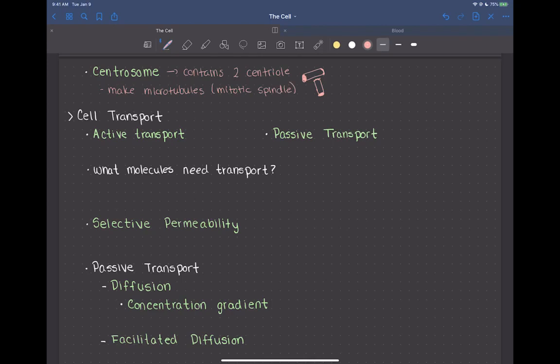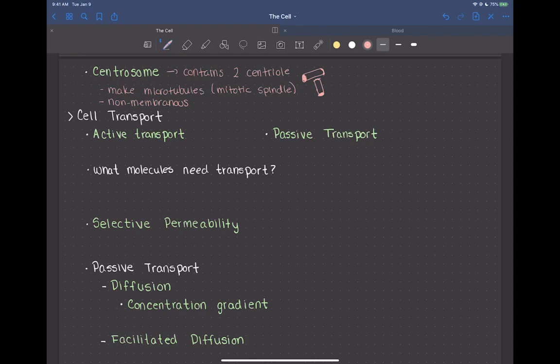So they'll be really important during mitosis. All right, so also this centrosome, it's just kind of an area, so it is non-membranous. Okay. All right, so those are all of our organelles inside of our cell.